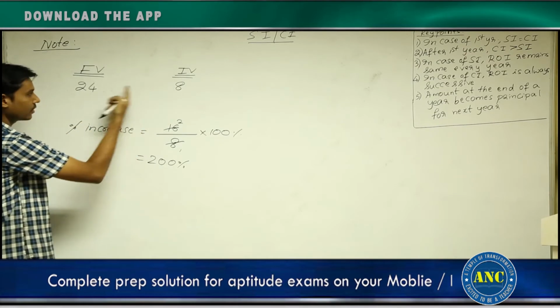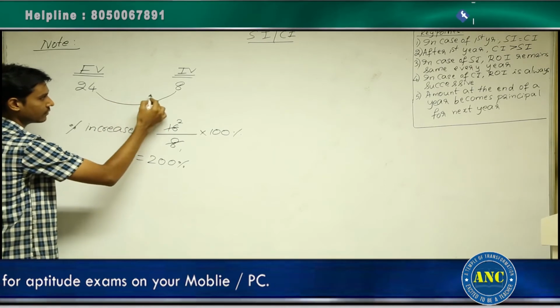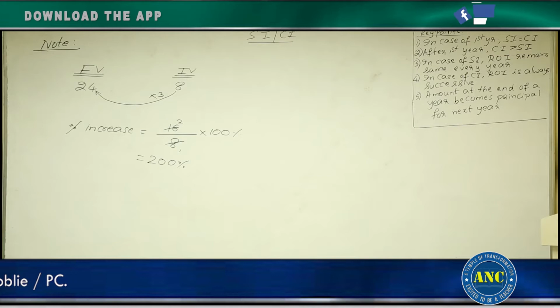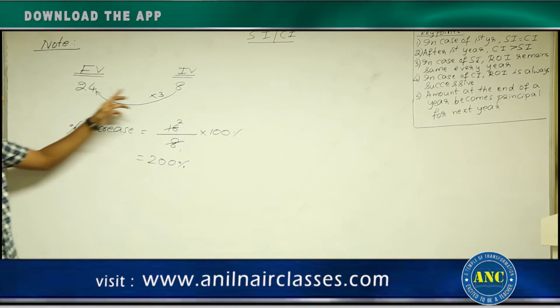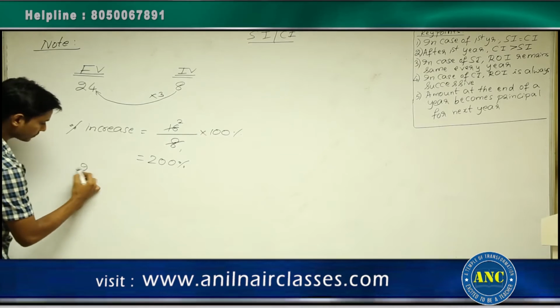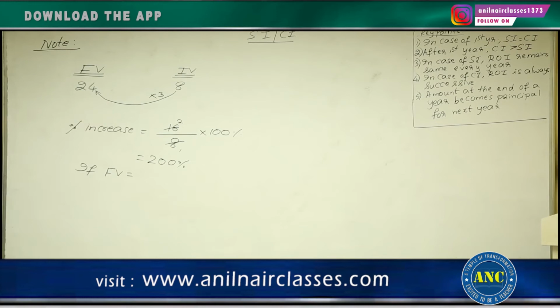Okay. Instead of doing all these things, listen to this. Initial value is 8. Final value is 24. Is the final value 3 times the initial value? Is 24 three times 8? Correct. 24 is 3 times the initial value 8. Instead of 3, let me take a constant k.